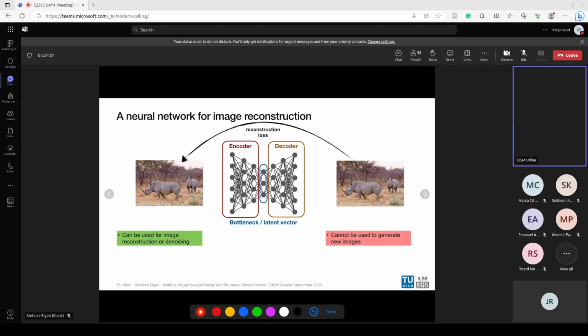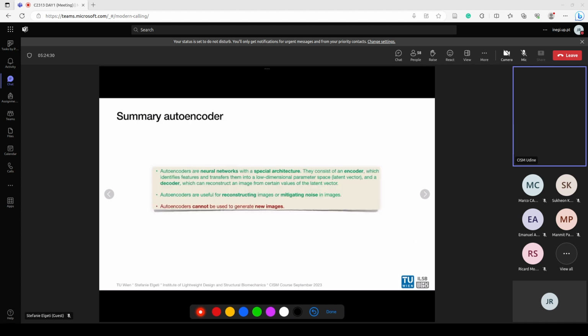So that's the problem with the autoencoder. Why it is not useful in, well, generating new content. And if we think about shape optimization, then we don't want to reproduce existing things, but we want something new. So then autoencoders are not very useful. So this summarizes again what I just said.